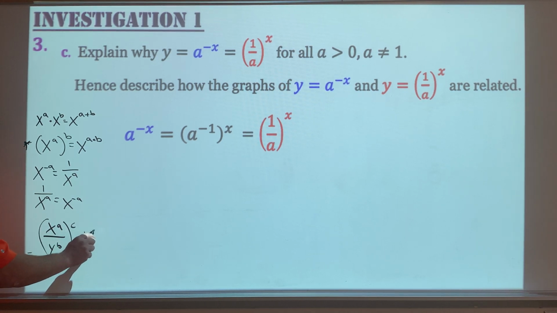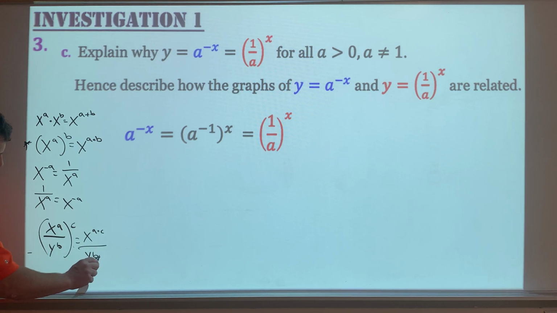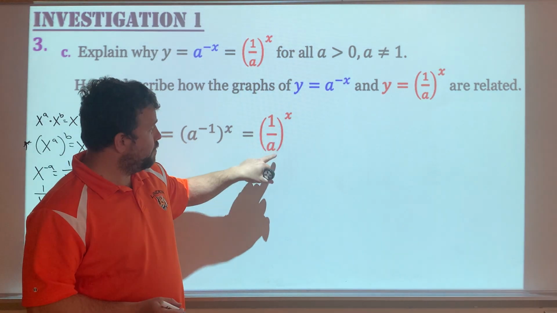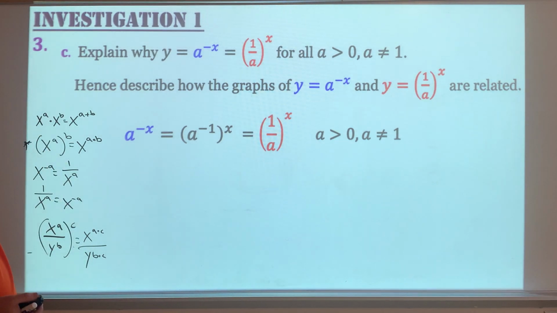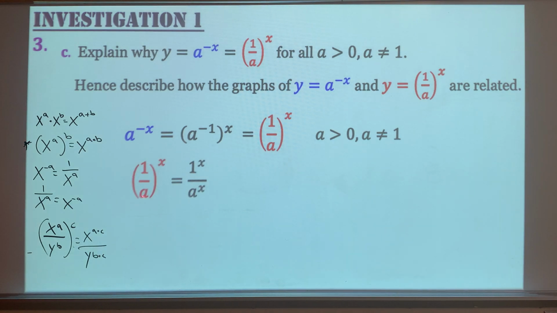This would be x to the a times c over y to the b times c. So you'd raise both of these to the power. 1 to the x is 1, and a to the x is a to the x. That's when a is greater than 0 and a is not equal to 1. So 1 over a to the x is another way to write it, using this rule right here.